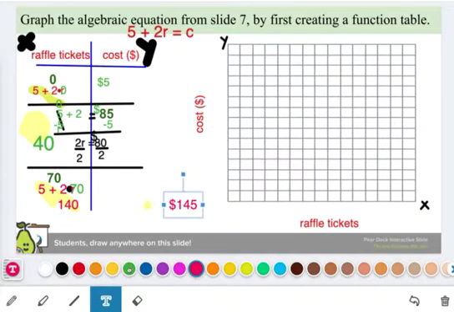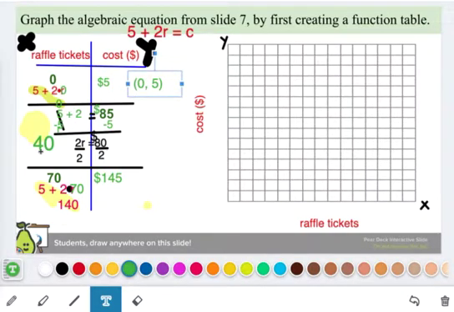And then I think we use green. Now we're going to have our ordered pairs. Our first ordered pair here is for 0 tickets. They paid $5. 0 tickets, $5. So you can see it clearly.